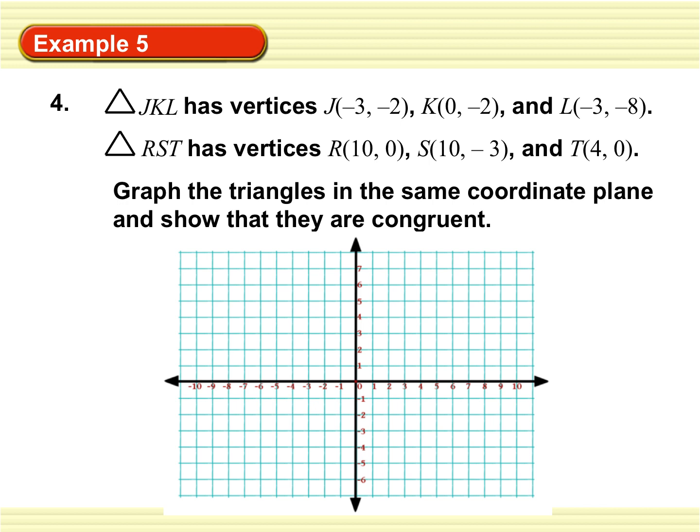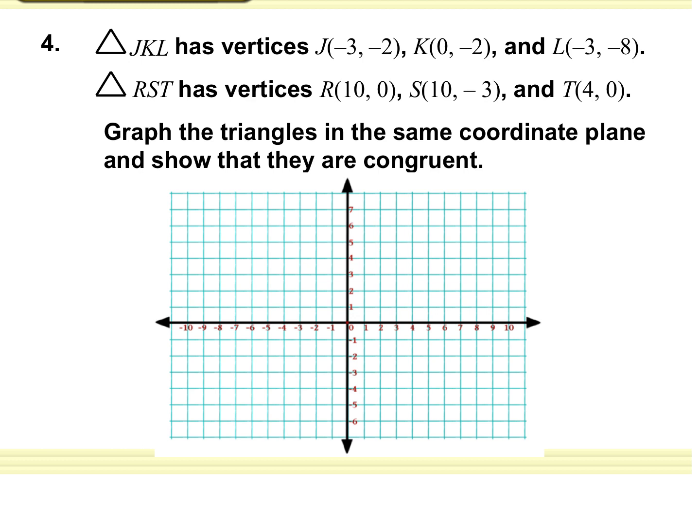So we're going to go ahead and do this one. I'm not going to have you guys solve it. I'll solve it for you because you will need to use a specific formula that we already covered. So looking at this one, first, they want me to graph it. You guys should know how to graph these. Everybody should know how to graph. And then they want me to show that they're congruent. So go ahead and graph it, please.